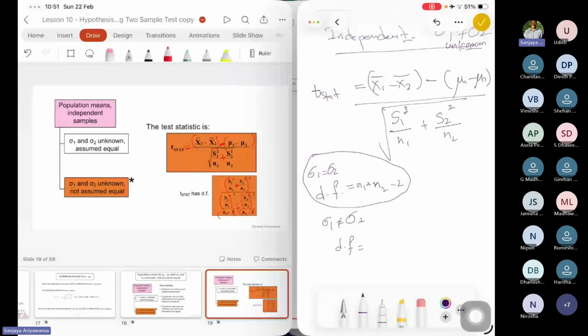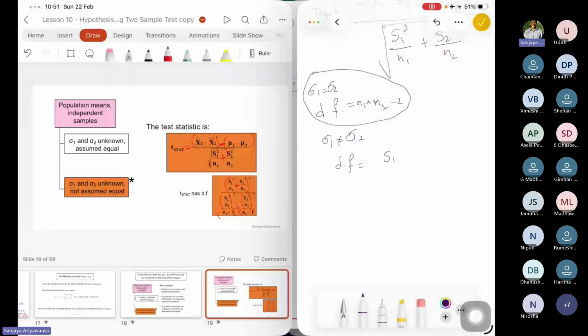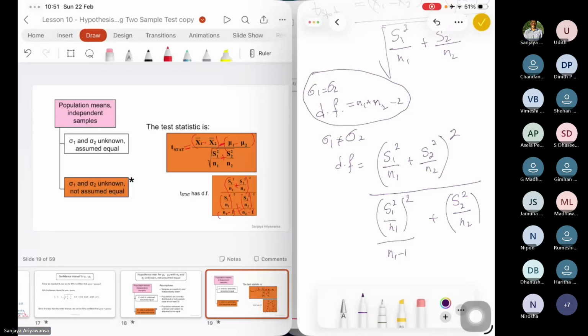But what is that equation saying? You take the sample variance of your first sample divided by n1, add to that the second sample variance divided by n2, and you square that whole thing. So that's your numerator. In your denominator, you take your first sample variance divided by n1, you square that, and you divide that by n1 minus 1, plus S2 second sample variance divided by n2, square that, divided by n2 minus 1.